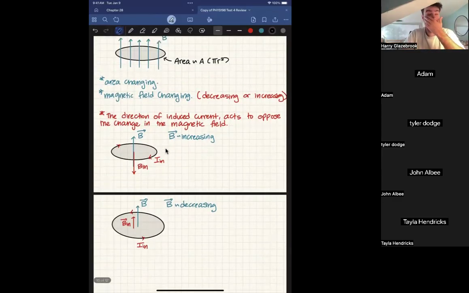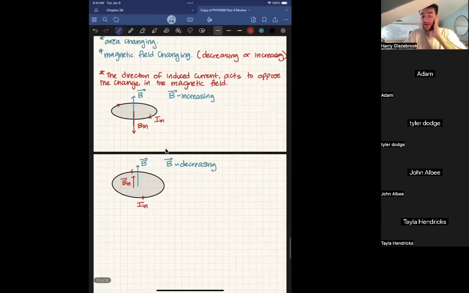Yeah, so what I think is easiest in this problem is you find the direction of the induced magnetic field, and then you use that and your right-hand rule to find the direction of the current. The reason being, it's easier for me to see if the external magnetic field is increasing and I want to add magnetic field or subtract magnetic field. It makes sense to do the direction of that magnetic field first and then use your right-hand rule.